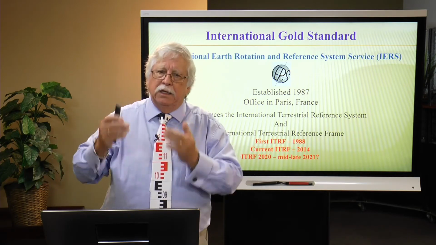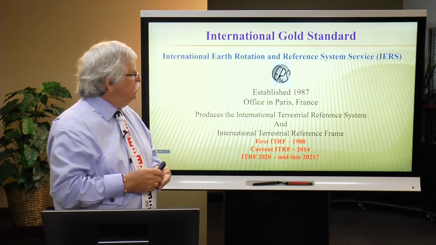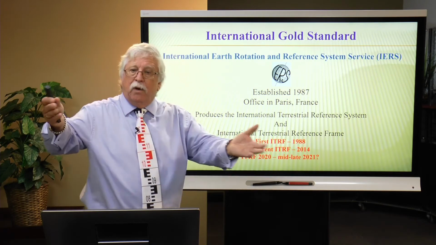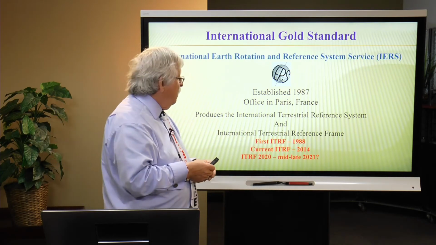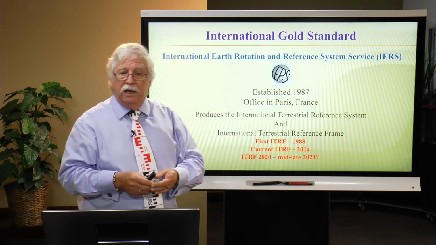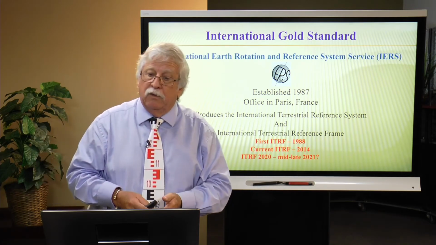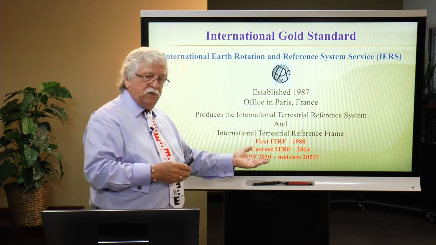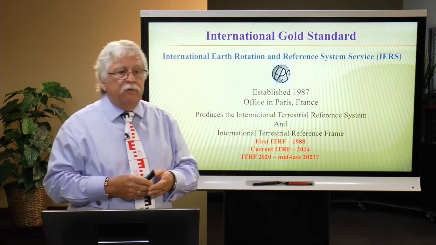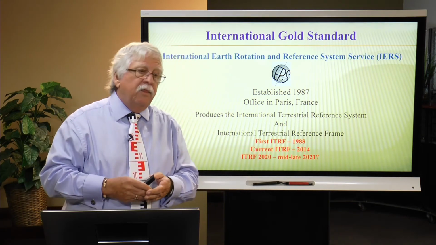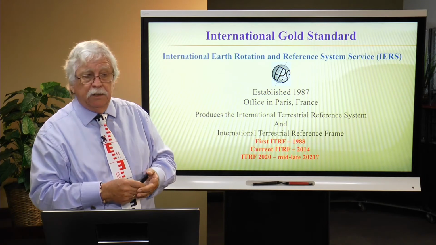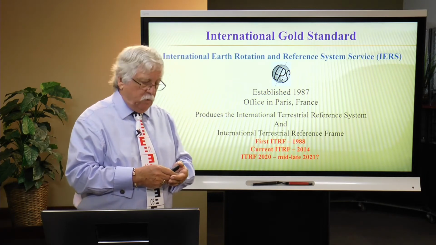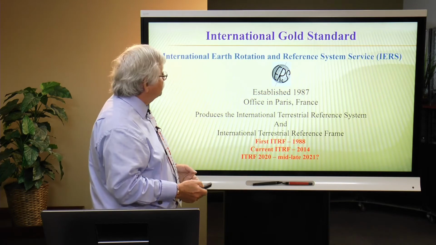They're done by an independent institution of scientists who collaborate data, like I said, from around the world. The first one they did was in 1988. The most current is ITRF 14. And they're working on a new one, ITRF 20, which had hoped to be out later this year, 2021. That will not likely happen until at least mid to late 2022 at this point.